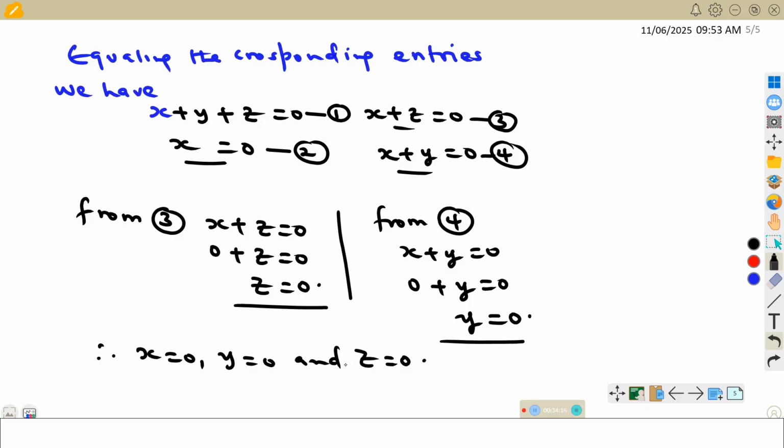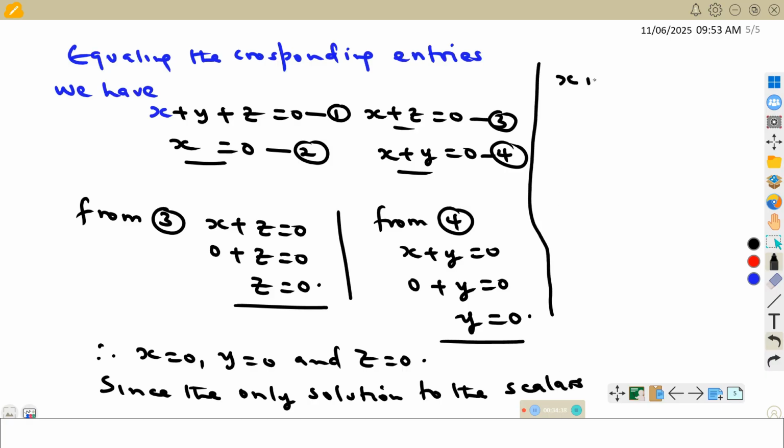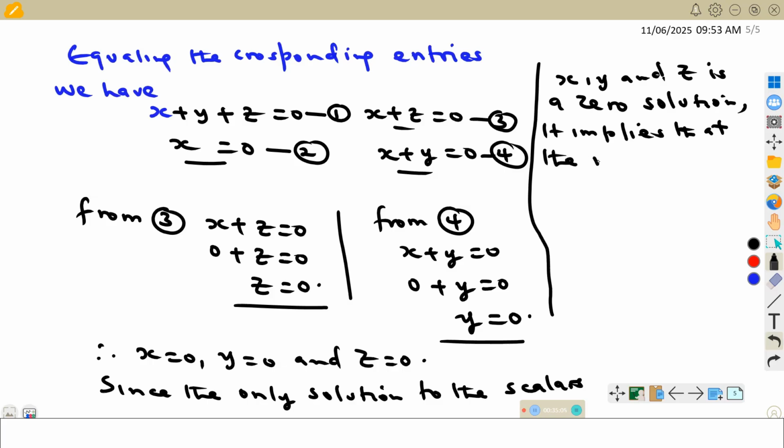It means that since the only solution to the scalars x, y, and z is a zero solution, it implies that the matrices A, B, and C are linearly independent.